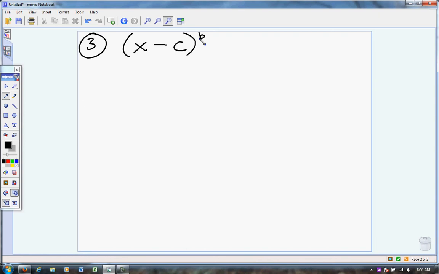This is a horizontal shift, c units to the right. I know that when you see that x minus c, you would think that it would go to the left, but it does not.